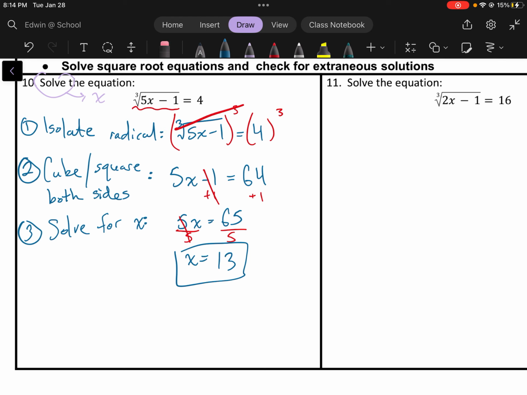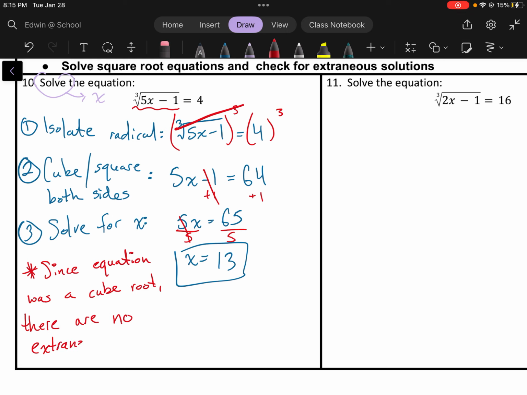So pretty simple, just about taking your time with these arithmetics, but I'm going to make an important note. Since the original equation was a cube root, there are no extraneous solutions.